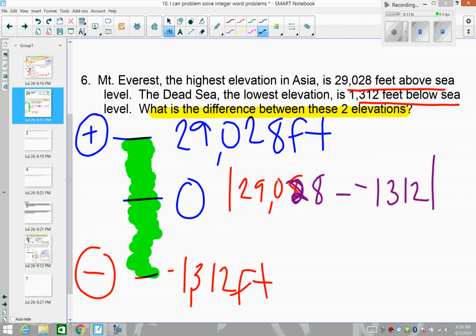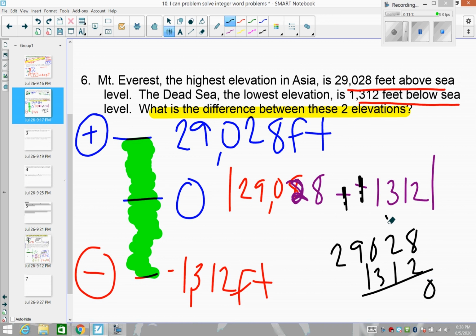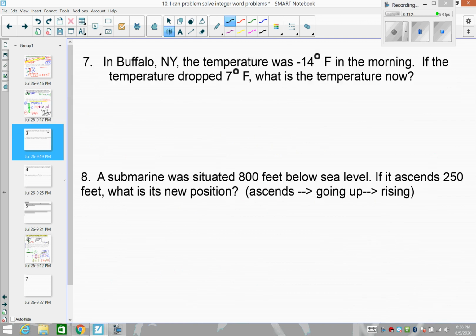So we simply add those together, which would give us a grand total, check your work, of a difference between those two elevations of 30,340 feet.